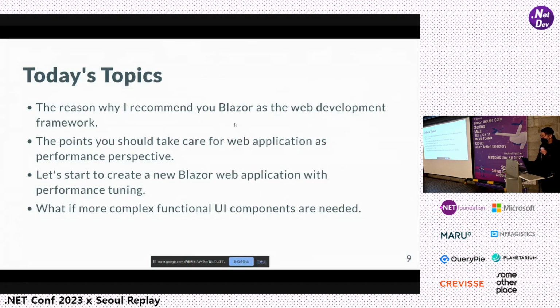Then, I'm going to show you some Blazor tips for improving performance. After that, I'm going to show you the solution if your app needs more complex, functional UI components without a performance issue. So let's go to the next slide.